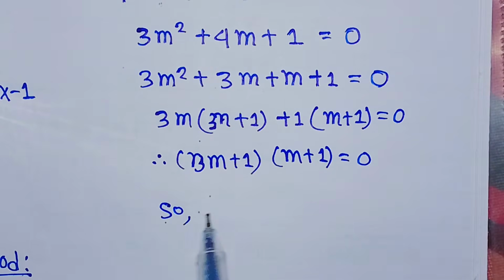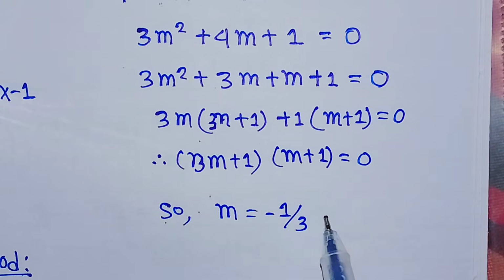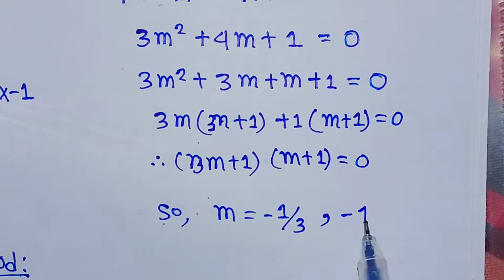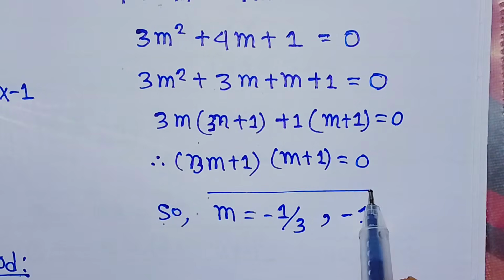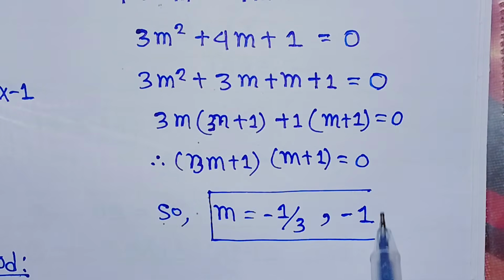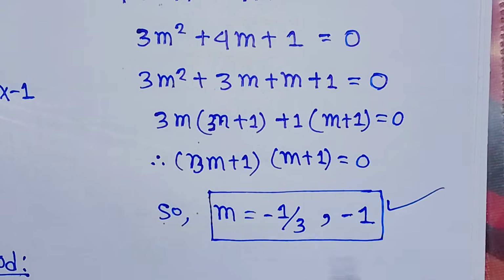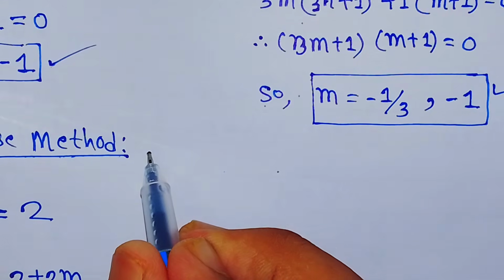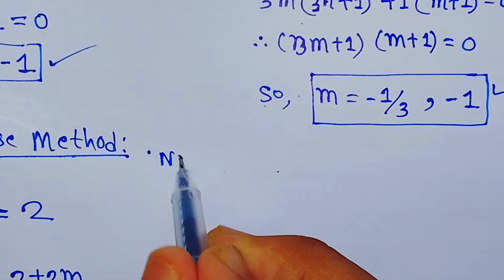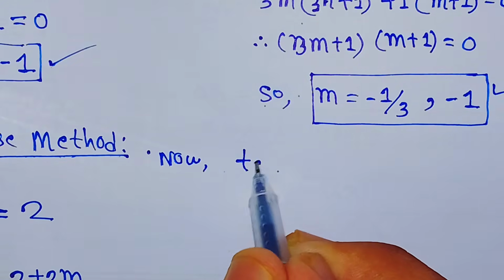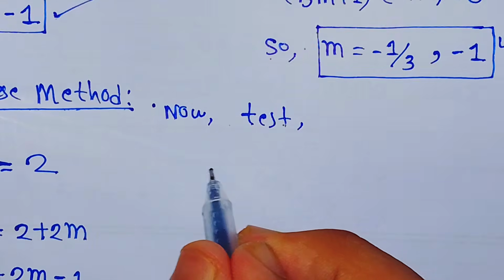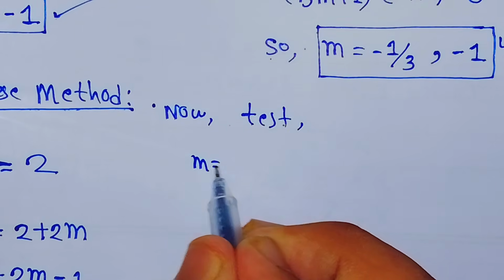Now the values of m will be -1/3, and the other one will be -1. So guys, after applying the Japanese method we get two solutions for m: -1/3 and -1. Now we have to test and verify these two values.